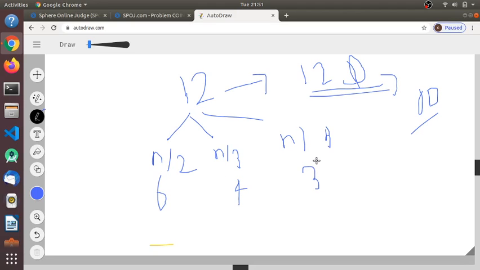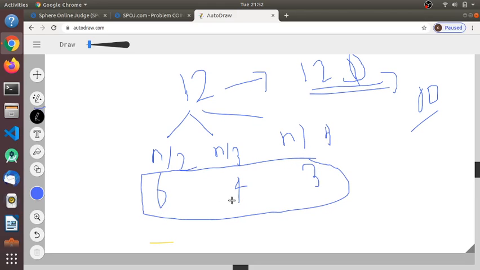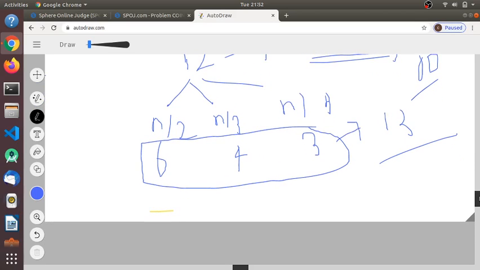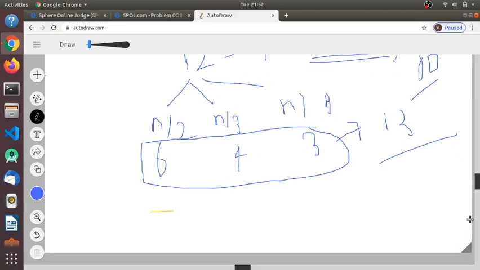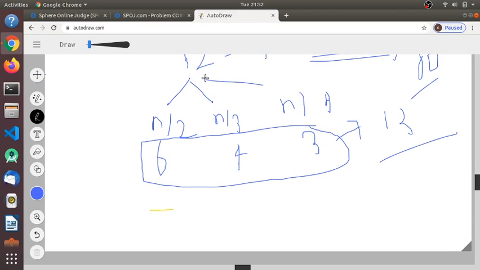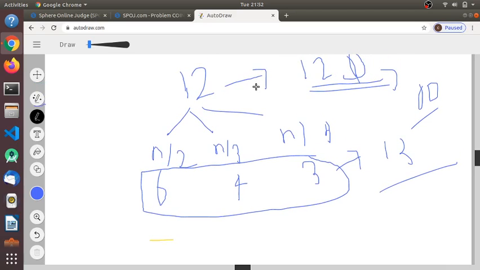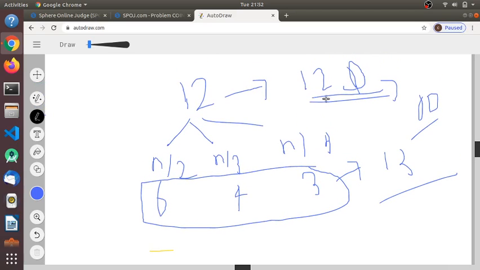If you have coins of 6, 4 and 3, you can exchange them for 6, 4 and 3 dollars. The total amount you can get from here is 13, which is greater than 12. If you had given the 12 to your friend, he would have given you 12, but that was not the maximum you could get.